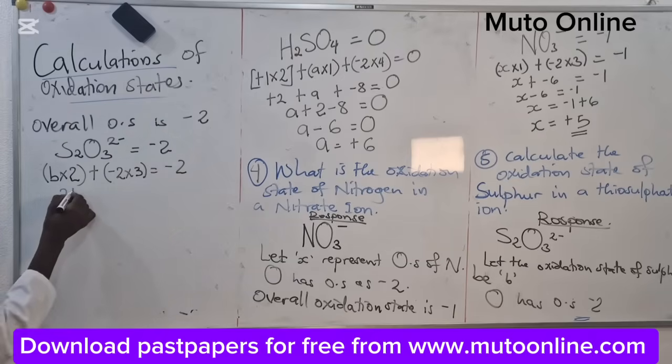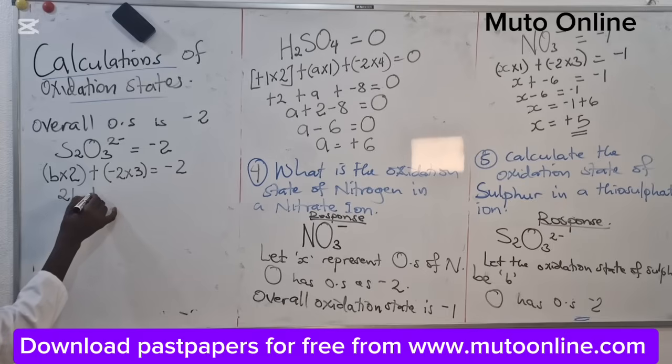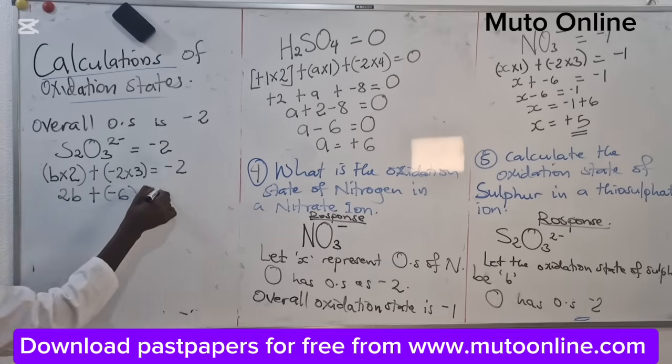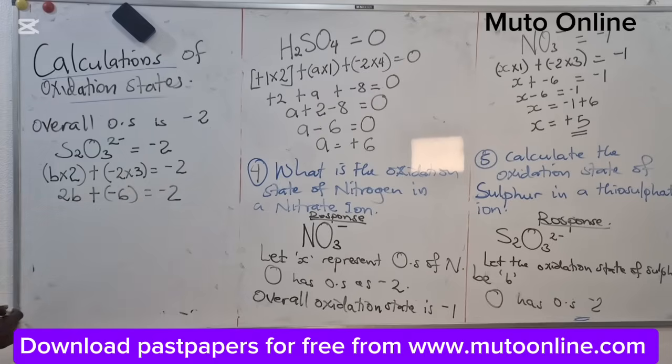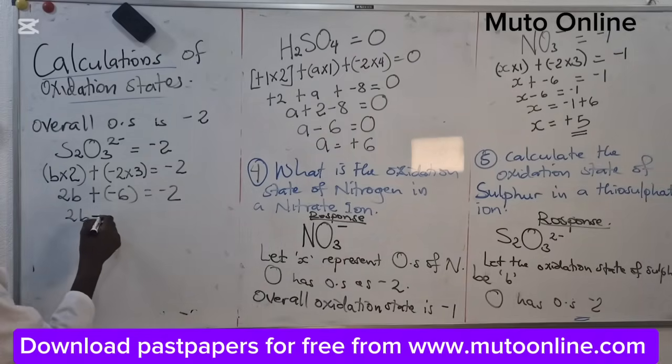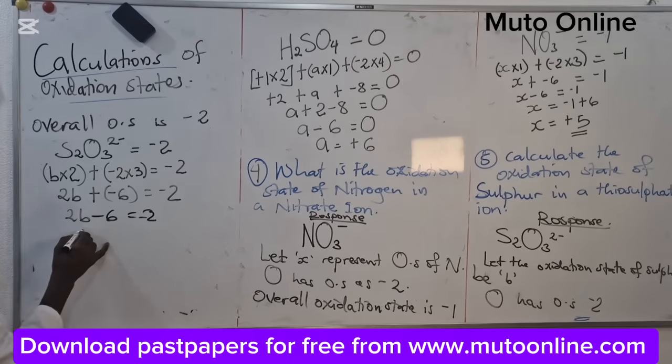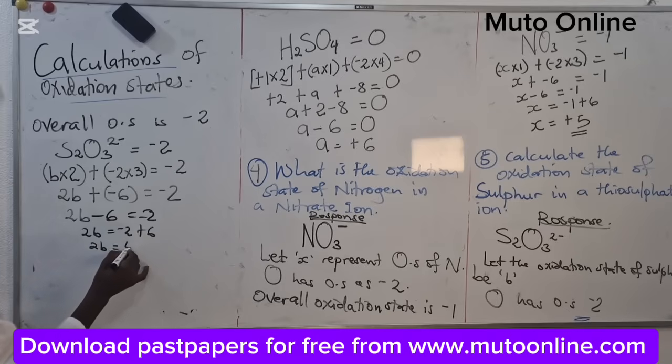So the 2B plus -6 will give us a -2, which is a 2B minus 6, giving us a -2, such that our 2B is -2 plus 6, giving us a 2B equivalent to +4. Divide by 2 on both sides.